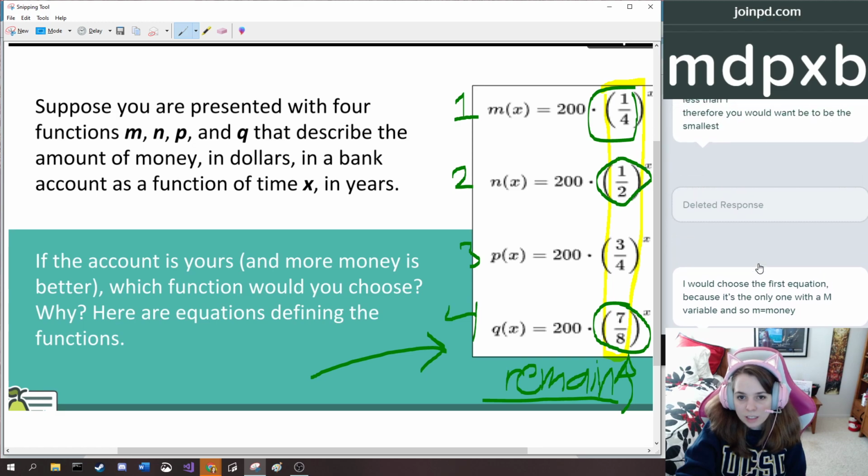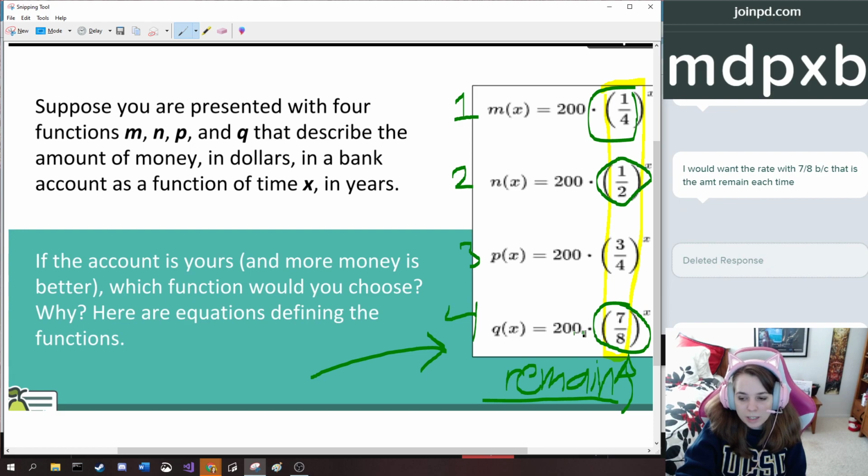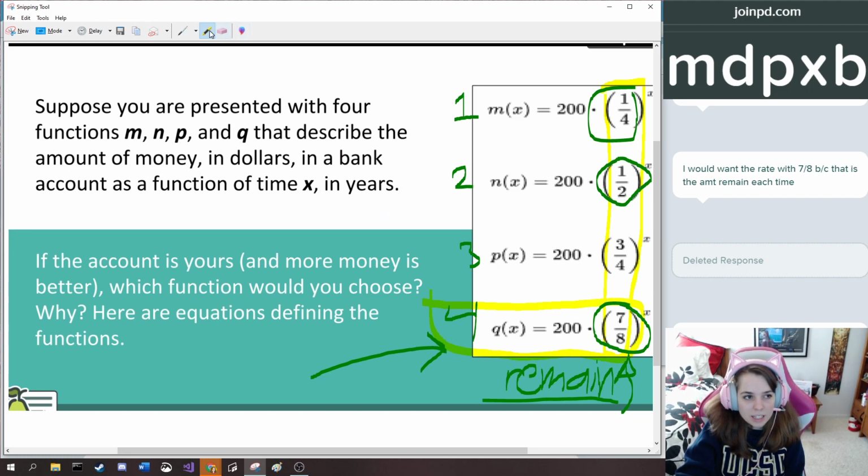So if I wanted my money to remain, I would definitely want to pick the one here, because I want my money to remain.